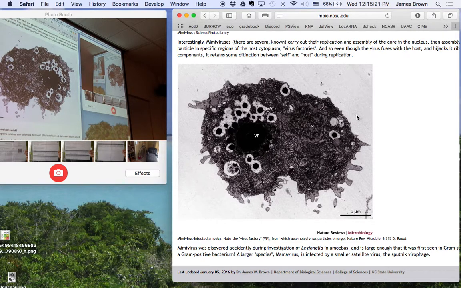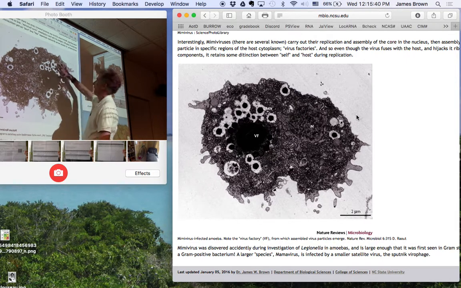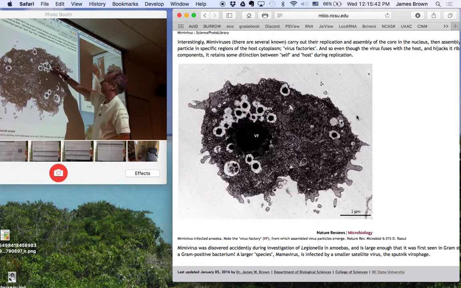They even keep that separation between host and parasite intact to some extent. There's not a membrane around it. It's not like it's still in a cell. But this is an example of Mimivirus. It's a crappy picture. But this is an amoeba, and this is something called the virus factory.